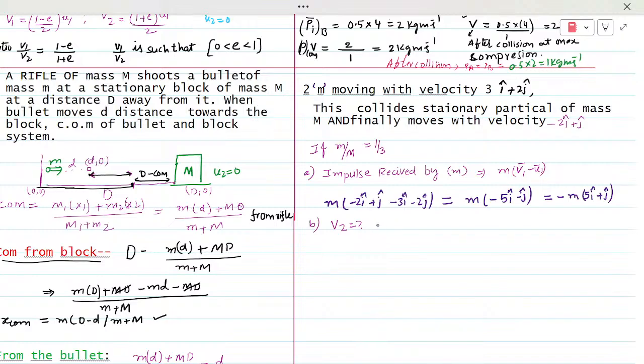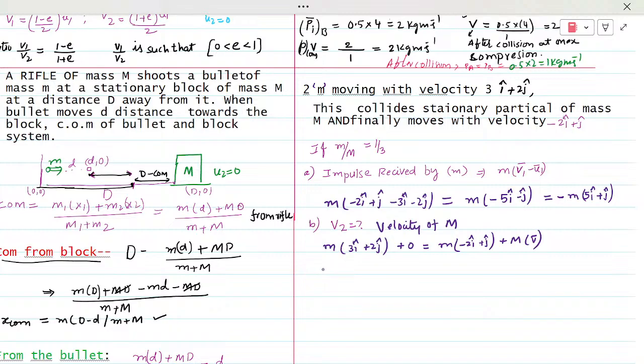So small m into 3i cap plus 2j cap, initial momentum, plus 0, is equal to final momentum: small m into minus 2i cap plus j cap plus capital M into v bar.